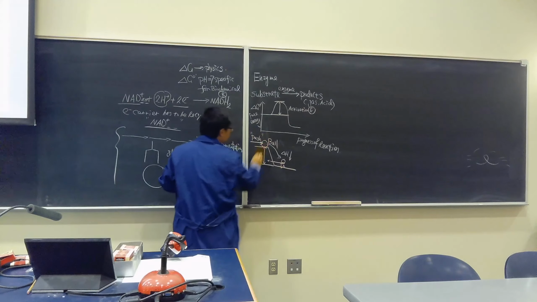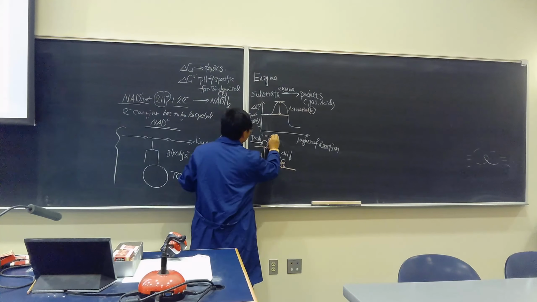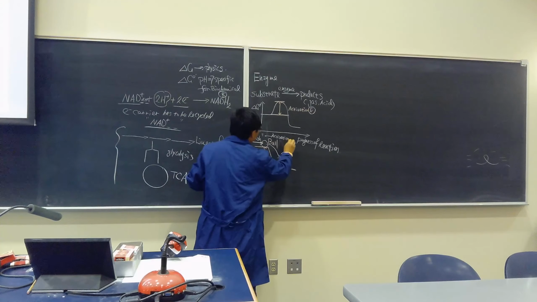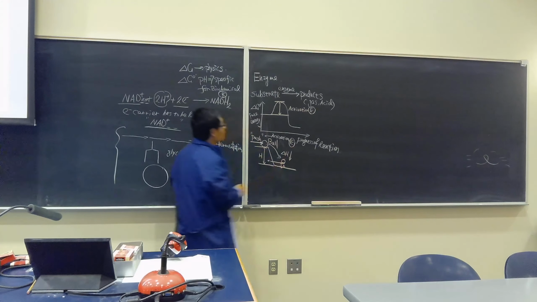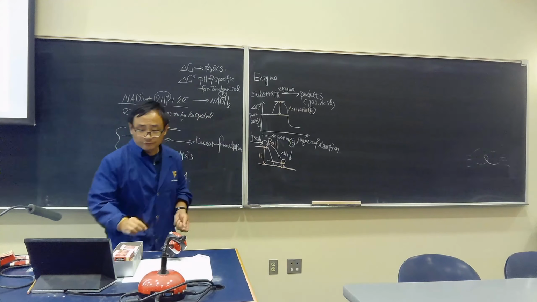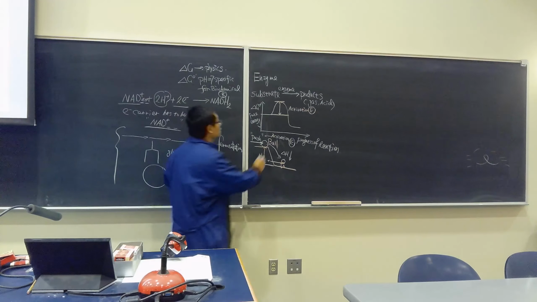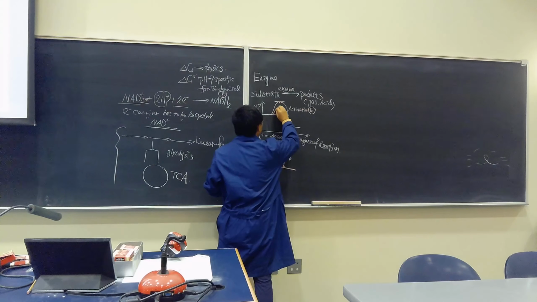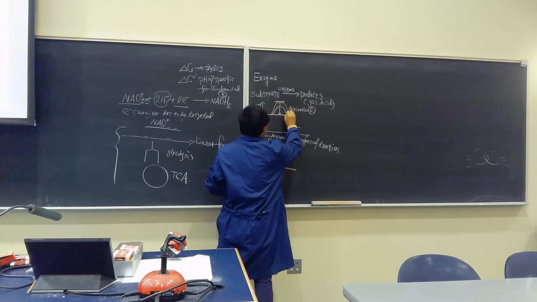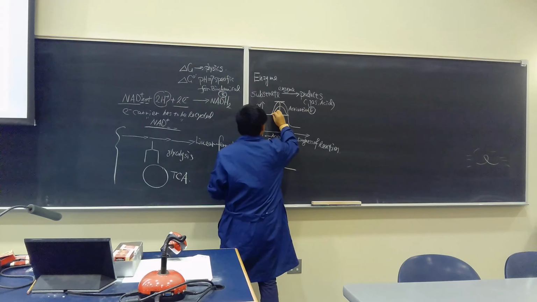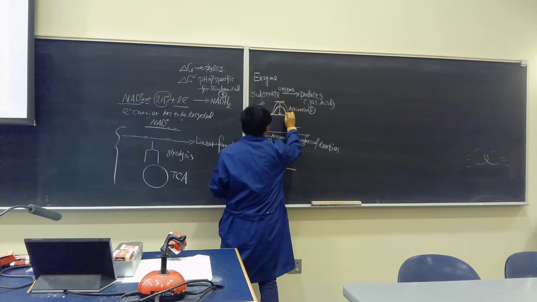What this push means is activation energy. And what's the function of the enzyme? If you do not use an enzyme, the reaction needs lots of activation energy. If you use an enzyme, this activation energy will be much less. So that will be the curve if you use an enzyme. Okay?